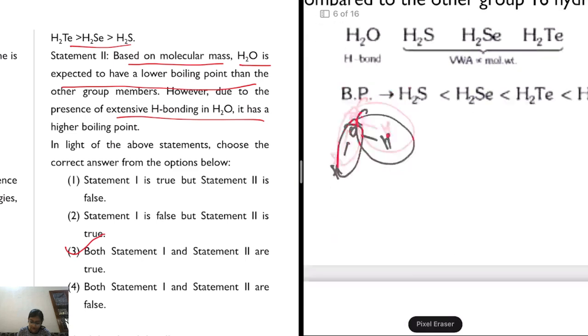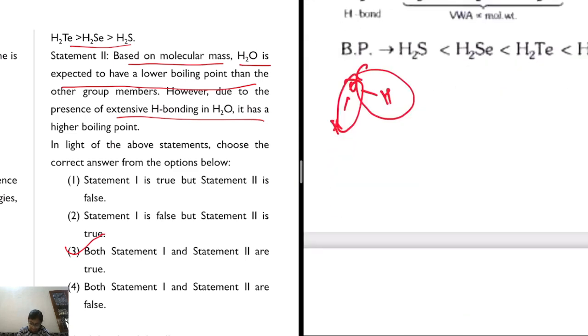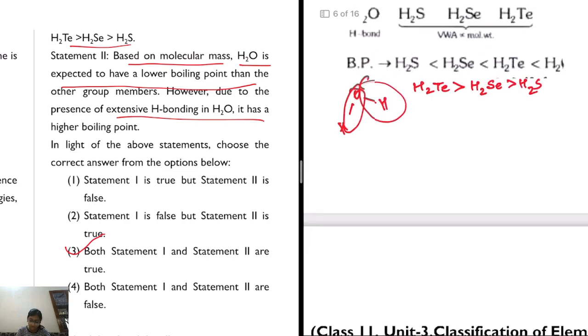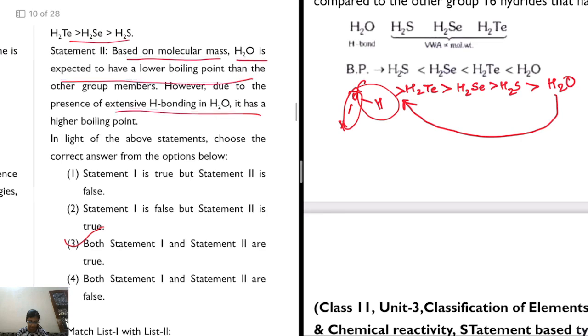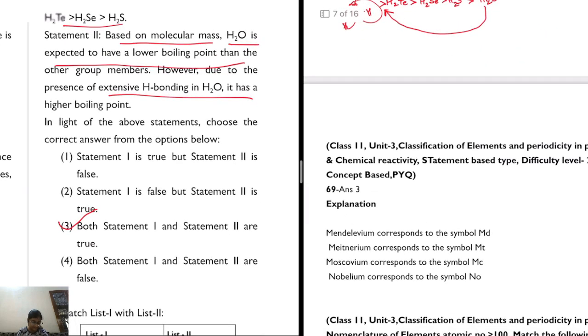The trend should have been this because of the molecular mass. The more the mass, the more the boiling point. This should have been the trend, but because of hydrogen bonding, it will be this. So these are both correct statements. Let's see the next question.